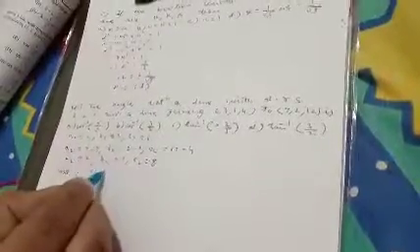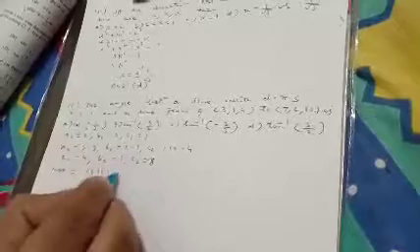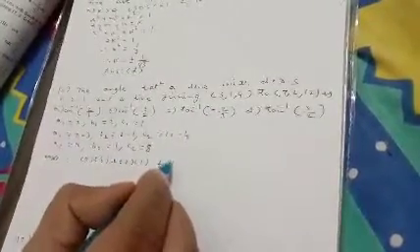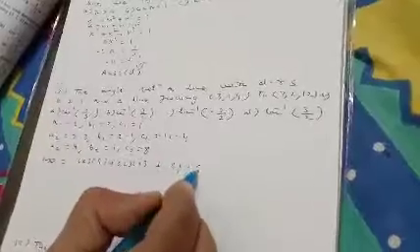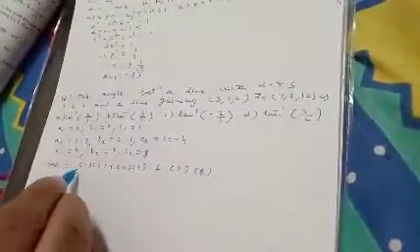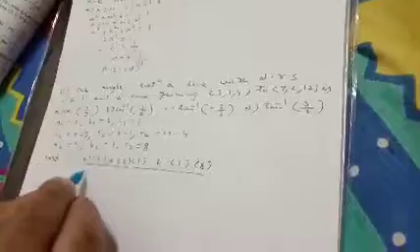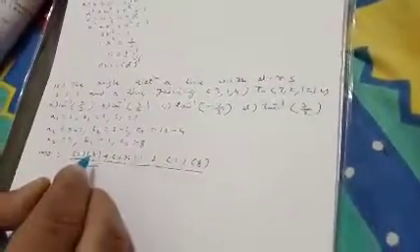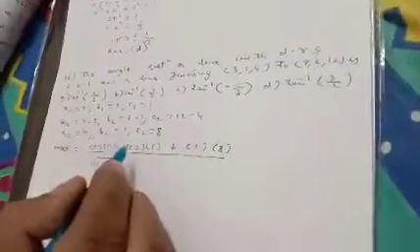Cos theta equals A1 A2, 2 into 4, plus B1 B2, 2 into 1, plus C1 C2, 1 into 8, divided by under root. The numerator is the sum of products of direction ratios of the two lines.